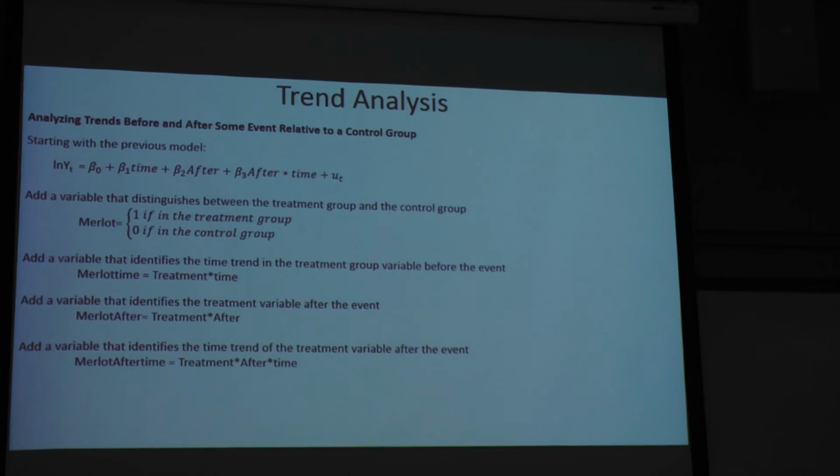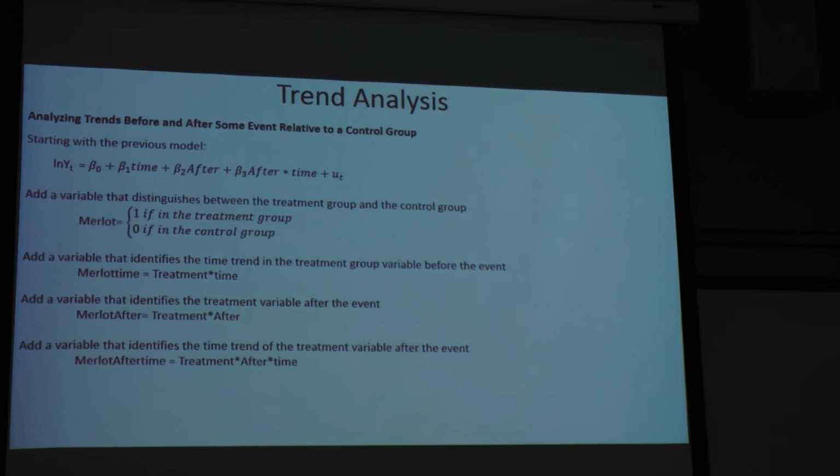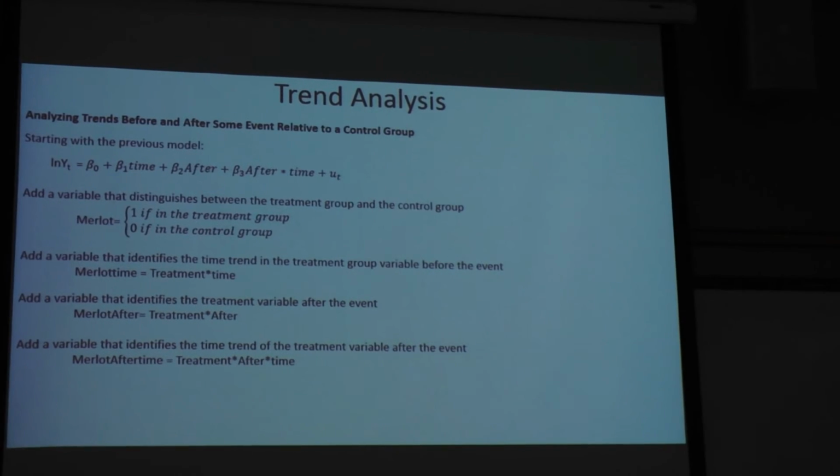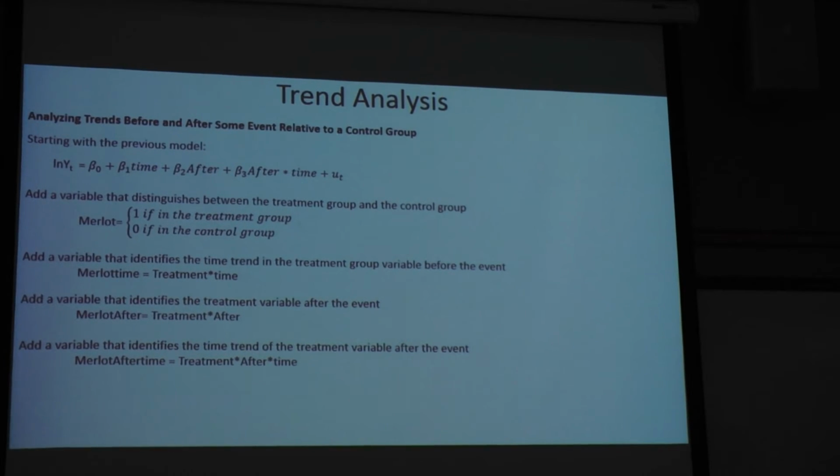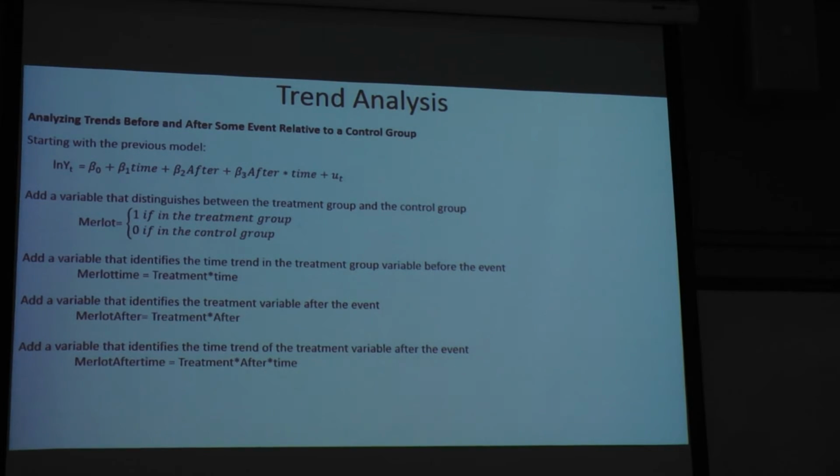Let's do one more thing. What is the control group, or what is the treatment group? Merlot. We think Merlot was affected by the event. So we get Merlot, then the interaction of Merlot with time, then the interaction of Merlot with after, and then the interaction of Merlot with after and time.